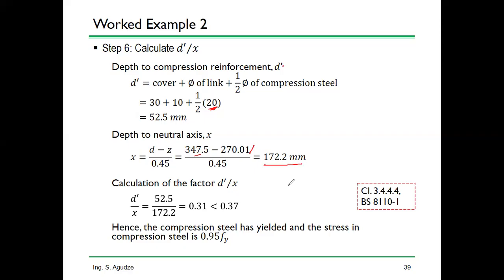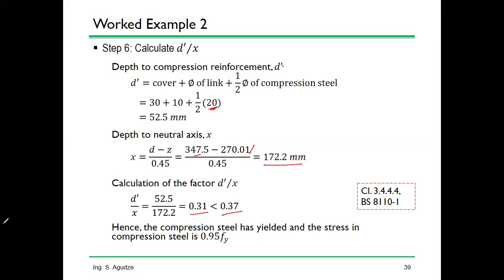Then you now calculate the factor D prime over X. So the D prime over X is giving us 0.31, which is obviously less than 0.37. So this tells you the compression steel would yield, and that matter, the level of stress in the steel will be 0.95 Fy.